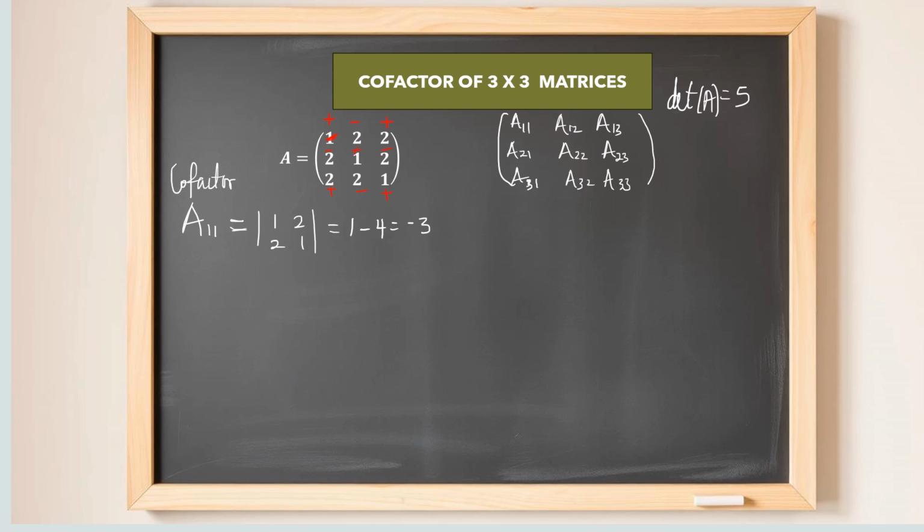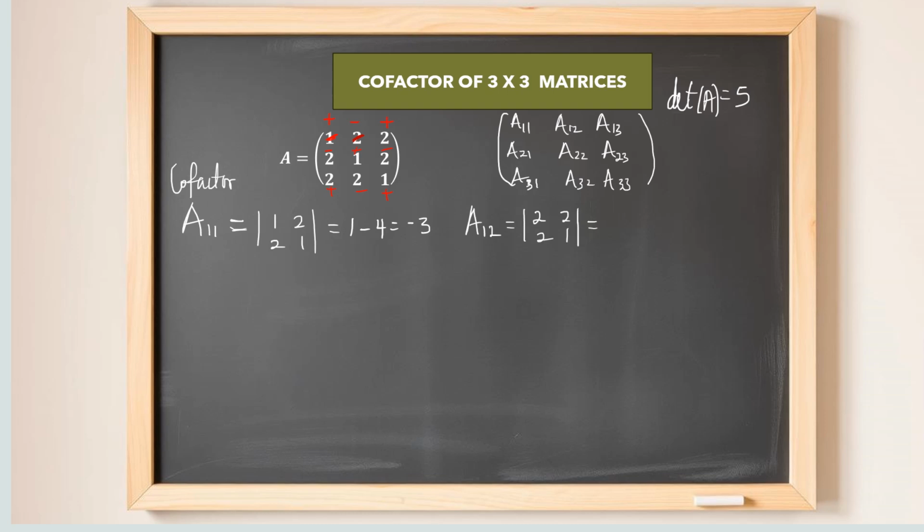And here we have A12. Now, looking at this, close the column and close the row. You'll be left with 2, 2, 2, 1.